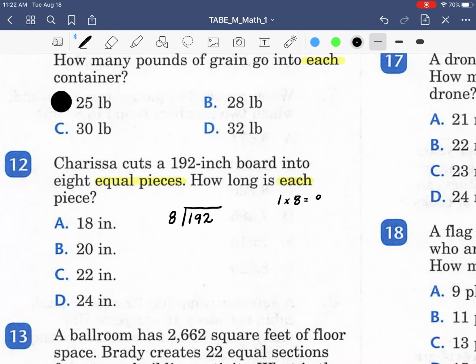So come over here and list your 8s. These are just your times tables for 8. If you don't need to list these, that's fine, if you know what they are and can do them in your head. Let's go one more. 5 8s are 40.